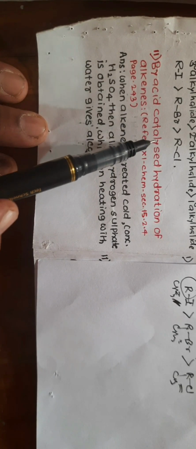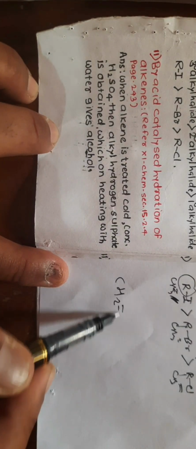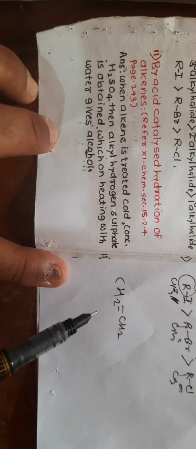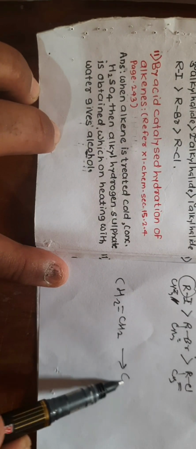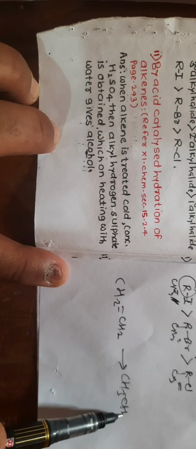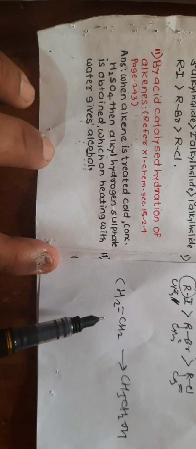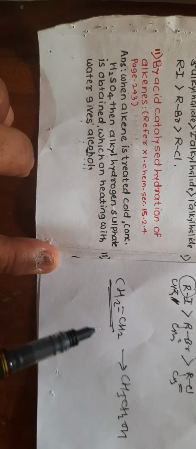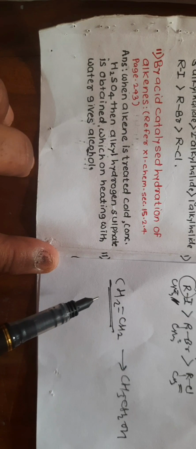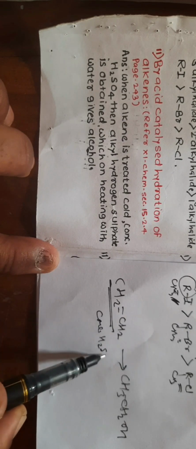In acid catalyzed hydration, alkenes are the compounds in which a carbon-carbon double bond is present. Now, we have to convert this alkene, CH2=CH2, into CH3CH2OH, that is alcohol. For that purpose, we have to do the reaction of this ethylene with concentrated H2SO4.